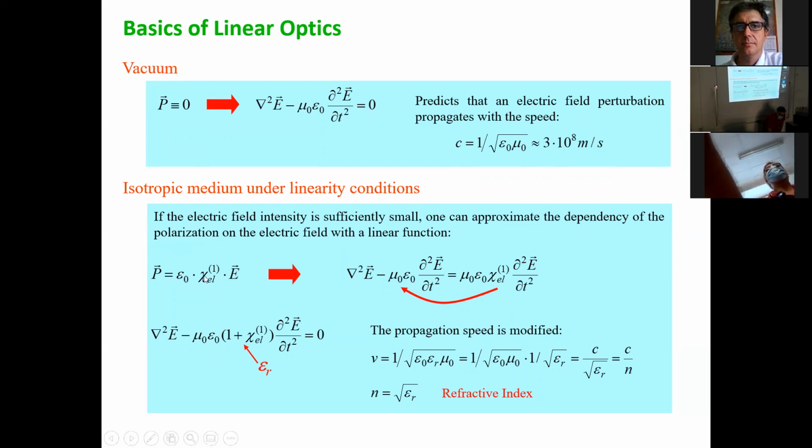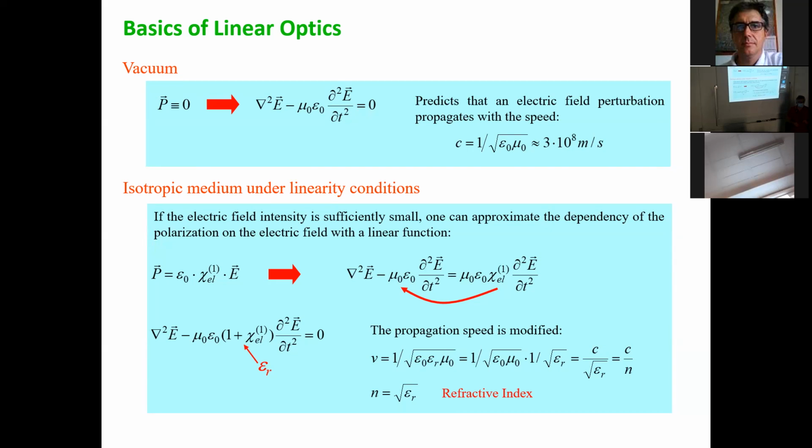So normally, you say that P is proportional to the electric field times a constant that, due to the fact that we are in the international system of units, is epsilon naught times chi. Okay? Now, be careful, because in this writing here, you also assume that the medium is isotropic.